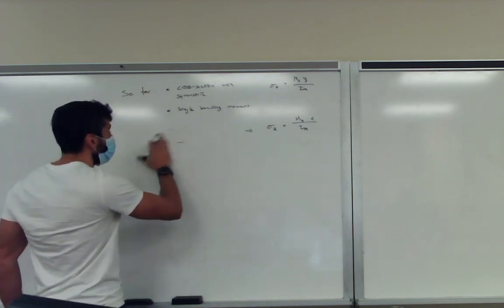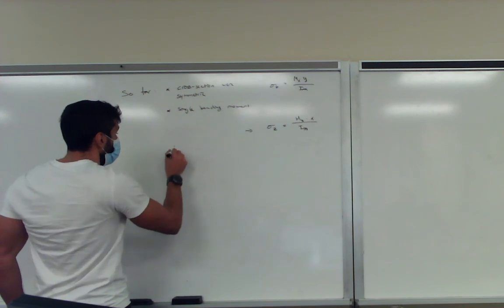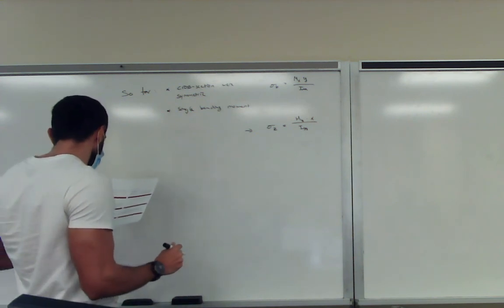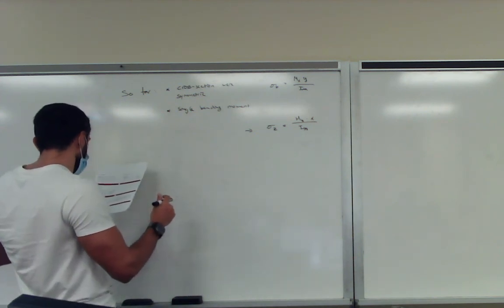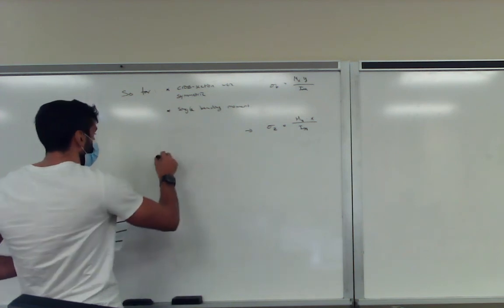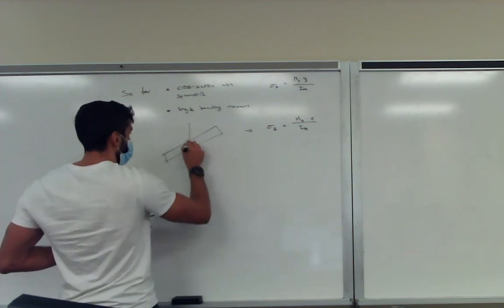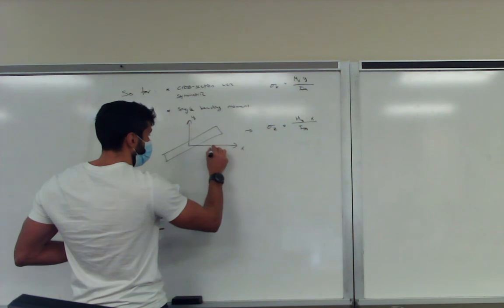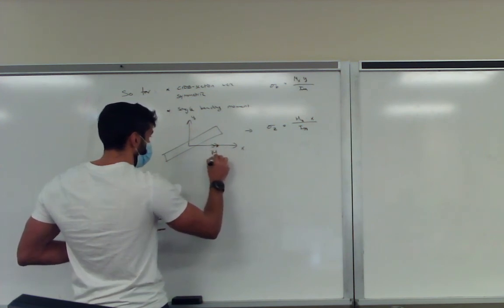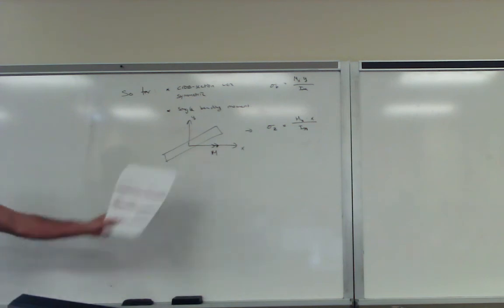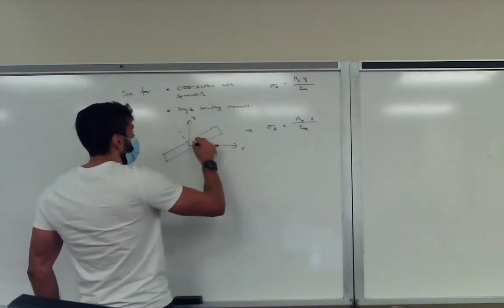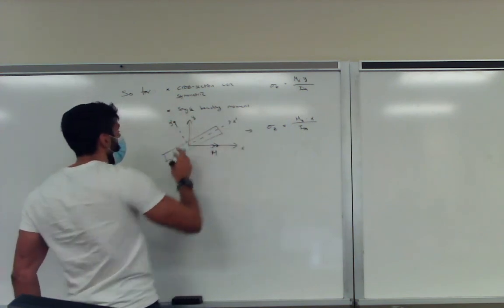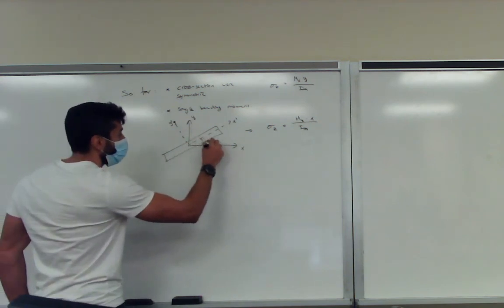Say, for example, we have a beam. So if you have a given bending moment on one axis, but your structure is basically transformed or rotated by an angle alpha.